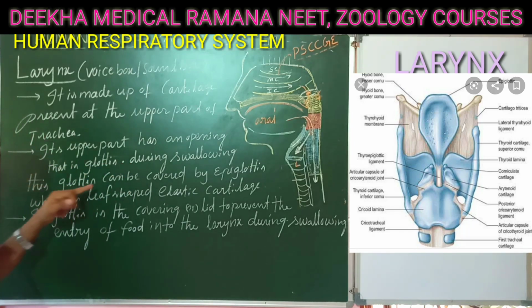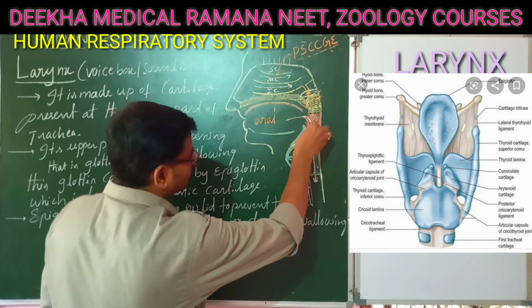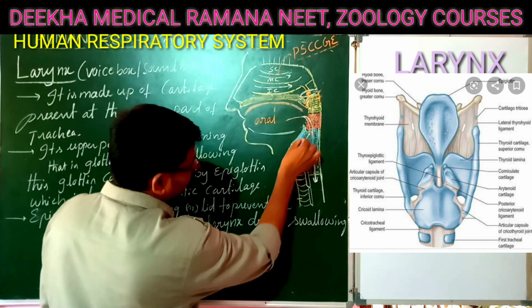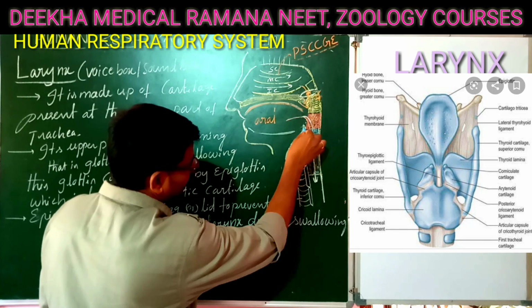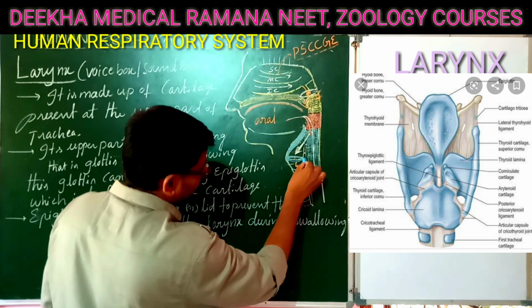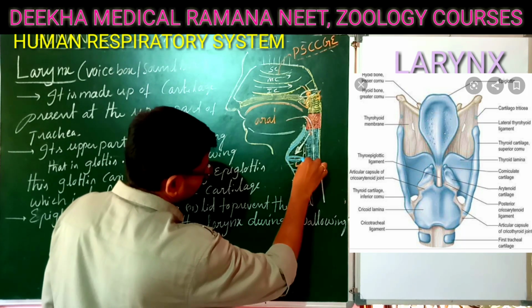During swallowing, whenever you swallow food, the food should not enter into the pipe, right? So at that time, this flap-like structure or lid which is present over the glottis covers it.